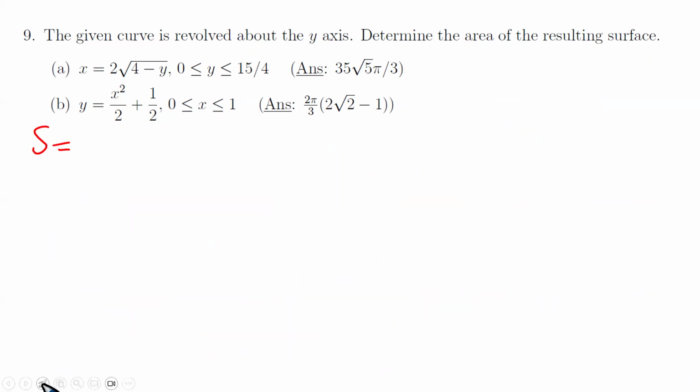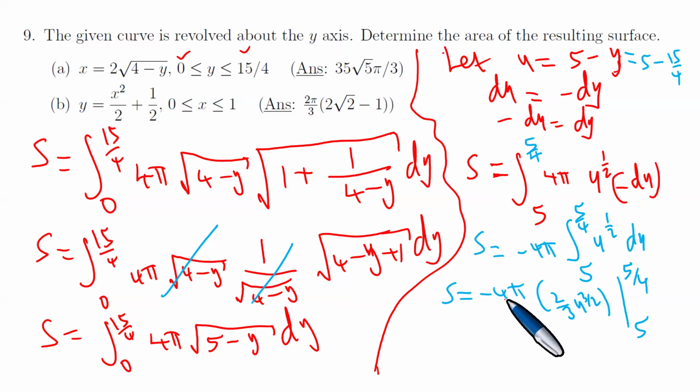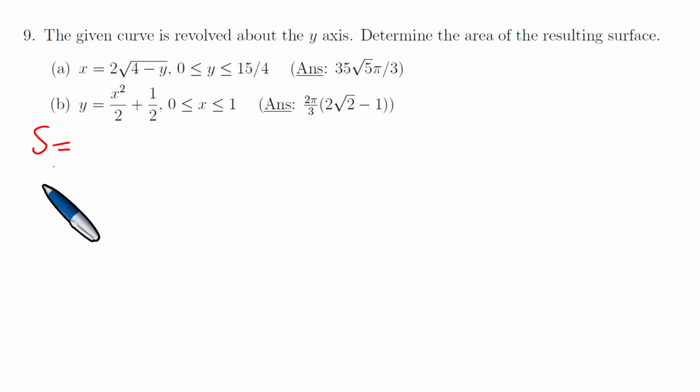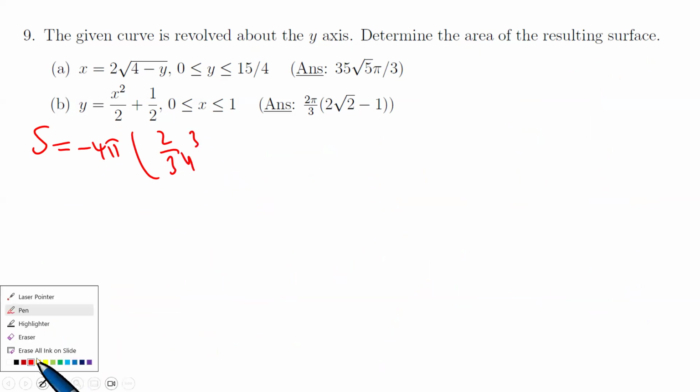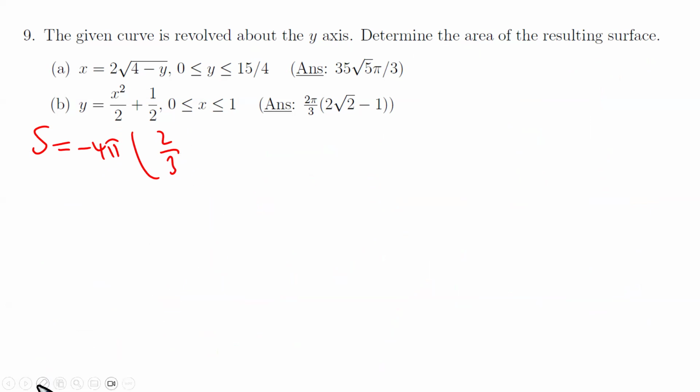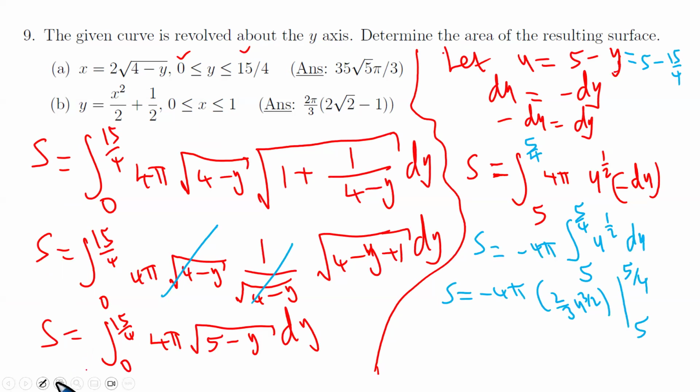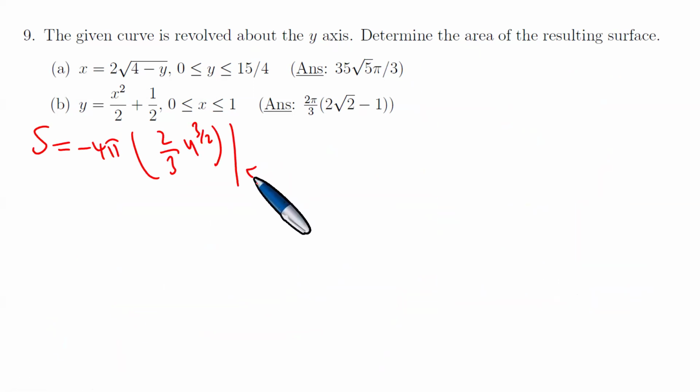The area of the surface is minus 4 pi, and then you have 2 out of 3 u to the power 3 out of 2, then you integrate from 5 to 5 out of 4.